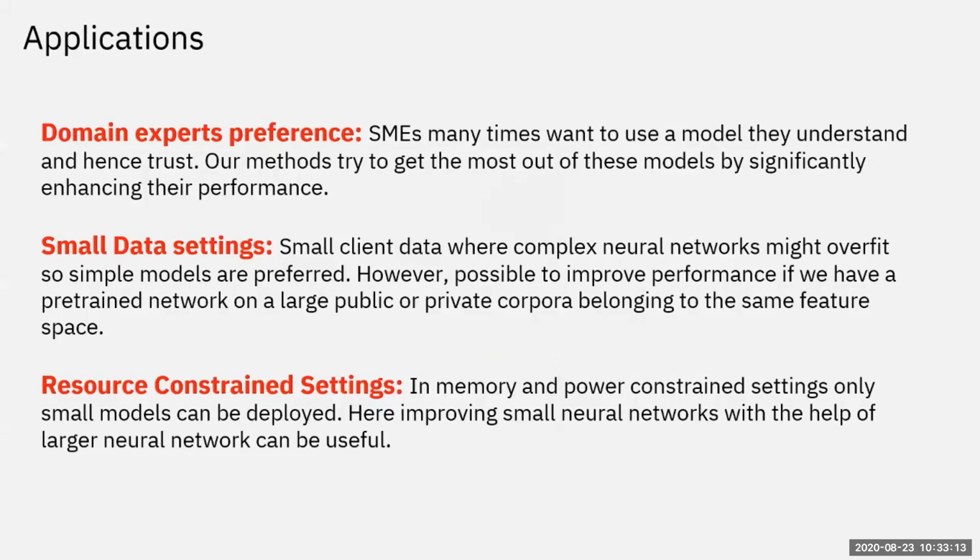The question is, can you somehow leverage the black box model that you had already built to improve the simple model? A third setting is a resource constraint setting. Say a model has to be deployed on your cell phone or on a UAV where there are strict memory and power constraints, and so only a simple model can be deployed in such settings. And the question again is the same: how do we get the best out of this simple model?